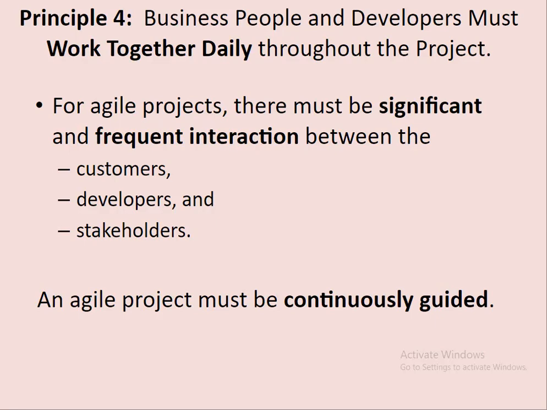If some problems are there, a communication gap will not happen. If someone in the team is stuck at a particular point and finding it very difficult to get a solution, the problem will be reported to the team that very day. So for an agile project, there must be significant and frequent interaction between customers, developers, and stakeholders, and the agile project must be continuously guided.